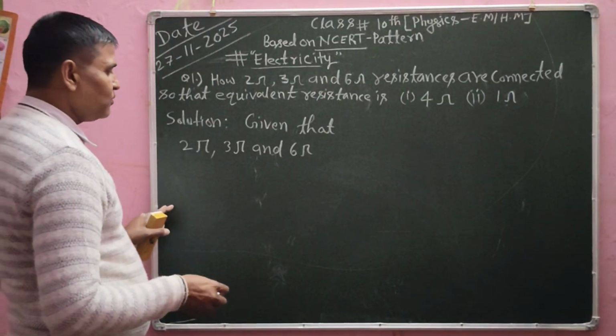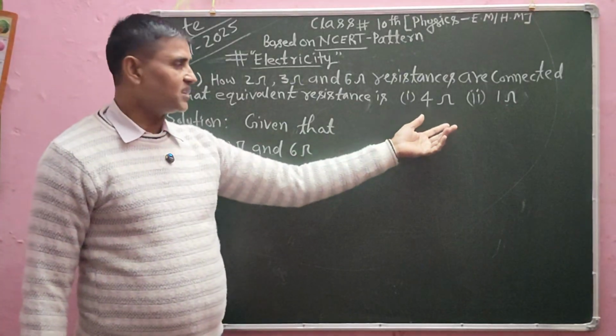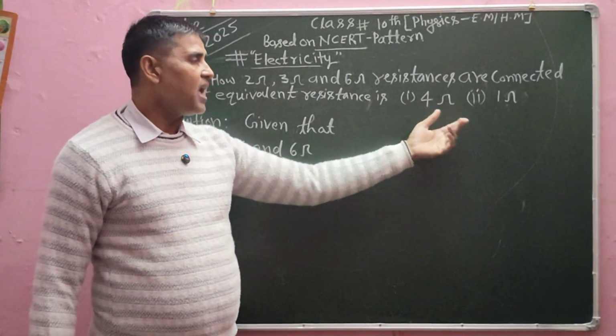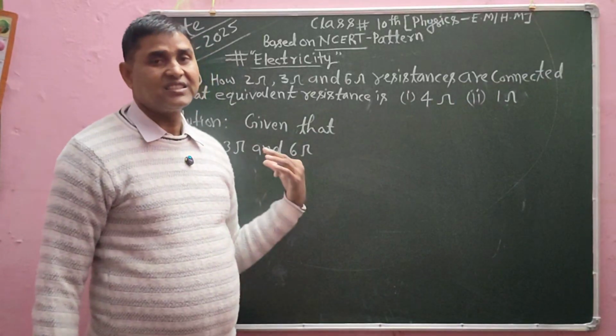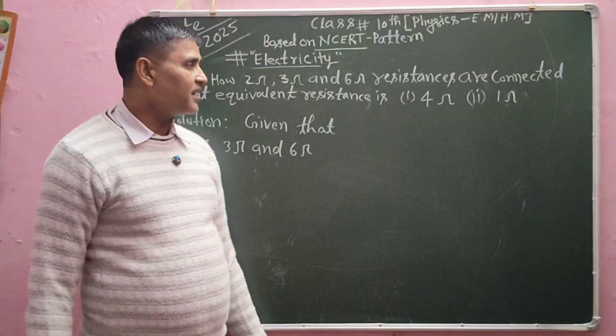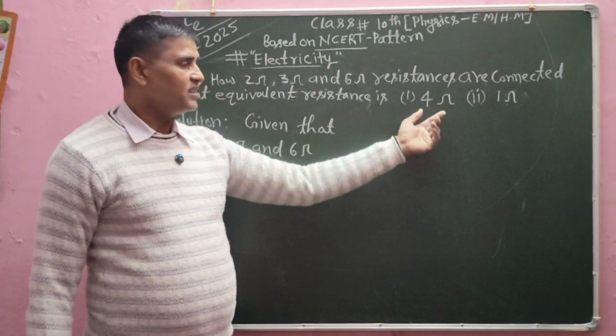After writing, I will give the proper solution to get the proper resistance connection, to get the equivalent resistance of 4 ohm and the other. I will arrange these three resistances, some in parallel and some in series, and I will get 4 ohm.